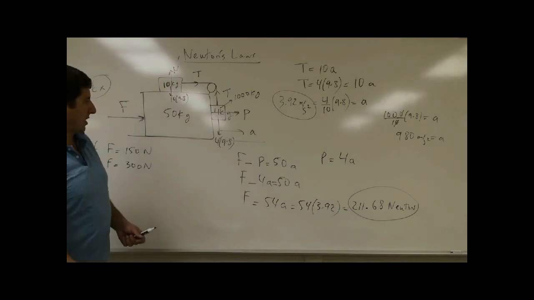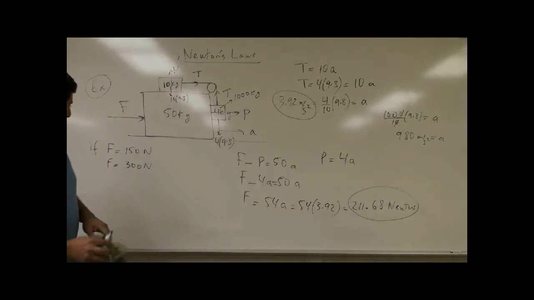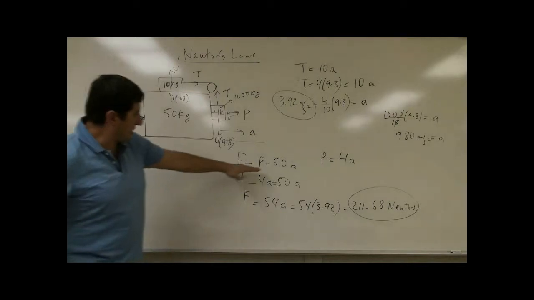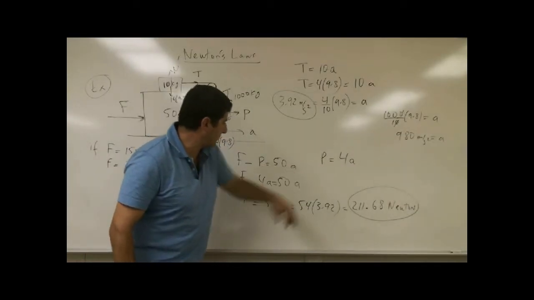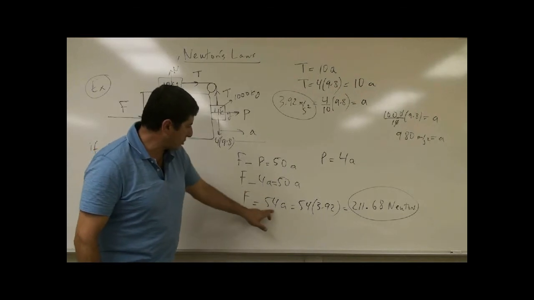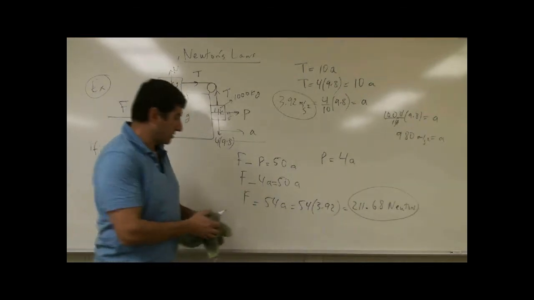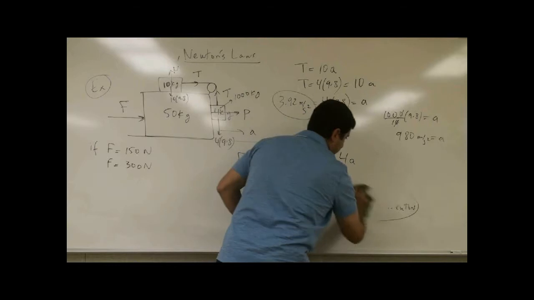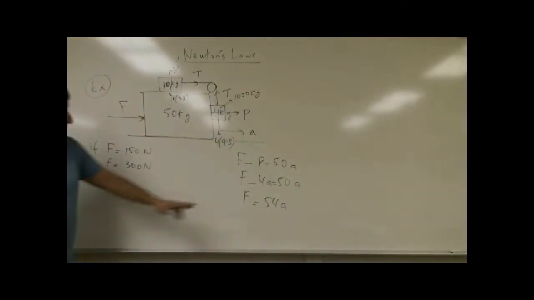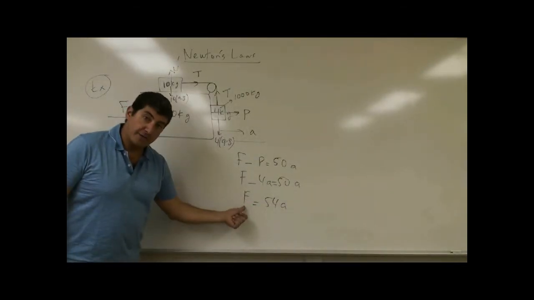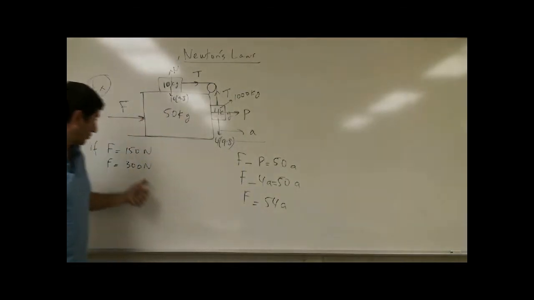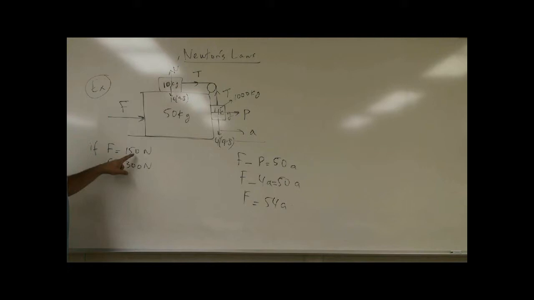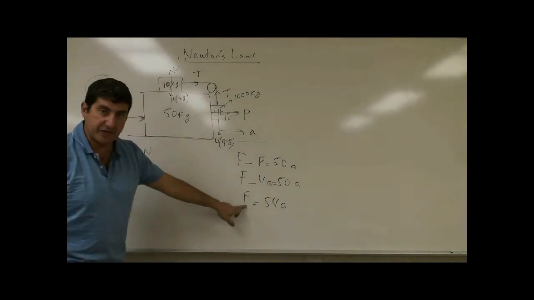Okay? Well, what's going to happen is this. What you can do, this equation still applies. F minus P is 50A, P is 4A, so F is equal to 54A, except here is what's different. Solving for the required force needed to have a certain acceleration, this time the force is given to us. So let's say it's 150. I put 150 here.